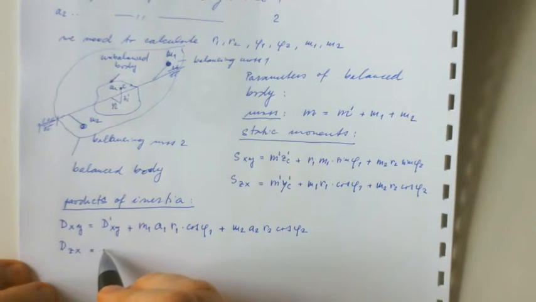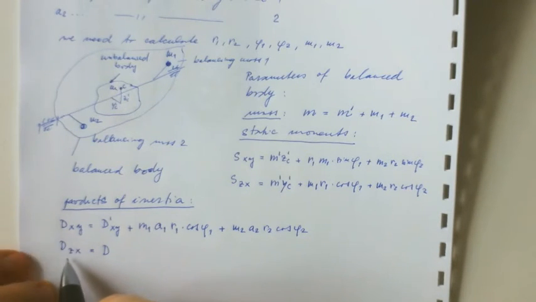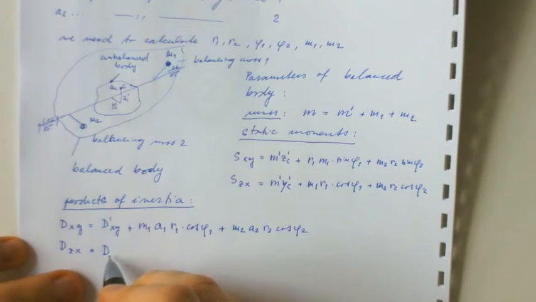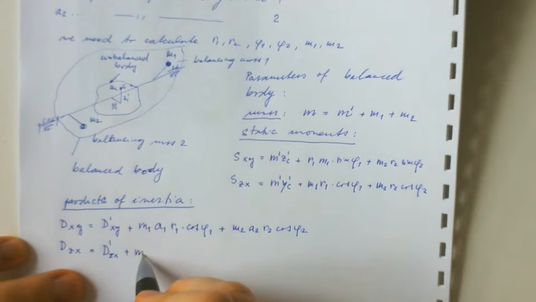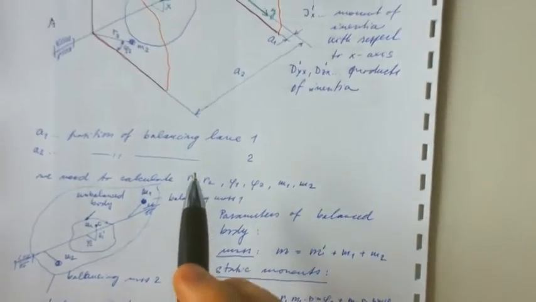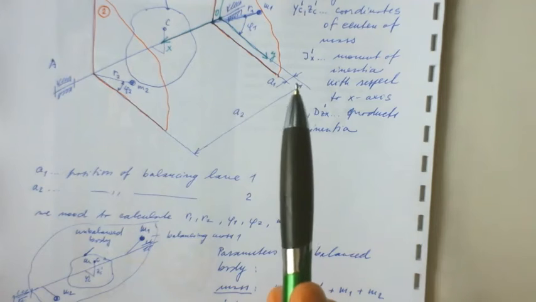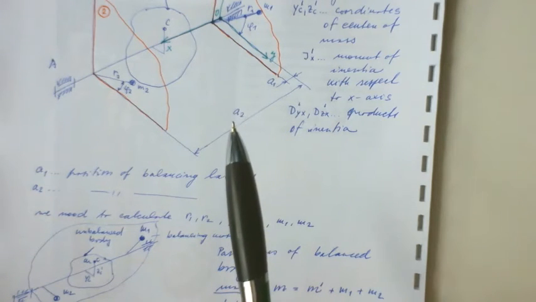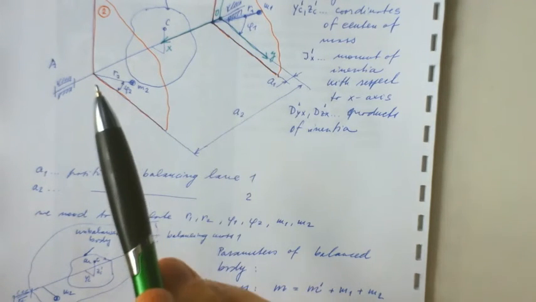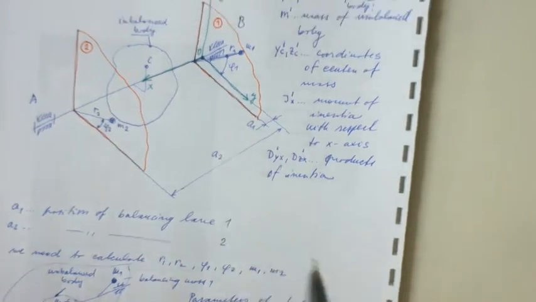Finally we have Dzx, the product of inertia of the balanced body. It is composed of the product of inertia of the unbalanced body plus the z and x coordinates of m1 times m1. The x coordinates are a1 or a2 and z is with sine.